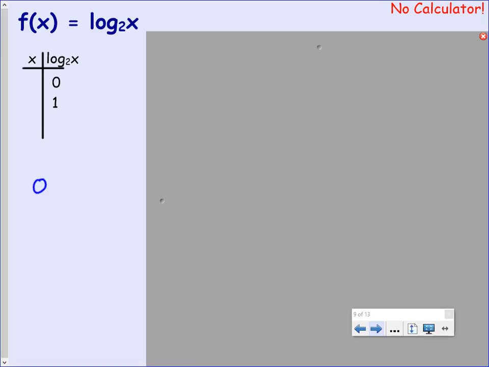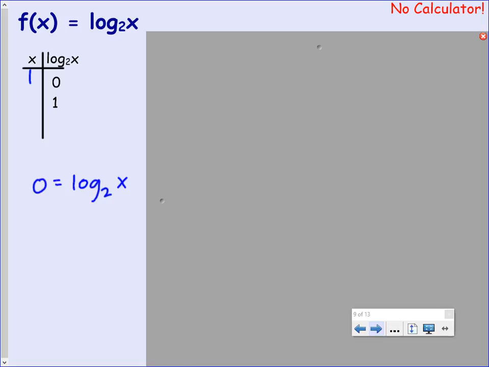So what we're really saying is, what is x when the log base 2 of the number is equal to 0? If you look back at your properties of logs, then x is always 1. So like I said, for the basic log function, you're always going to have the ordered pair (1, 0).